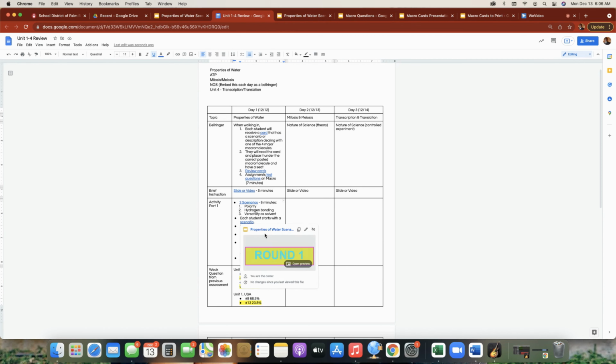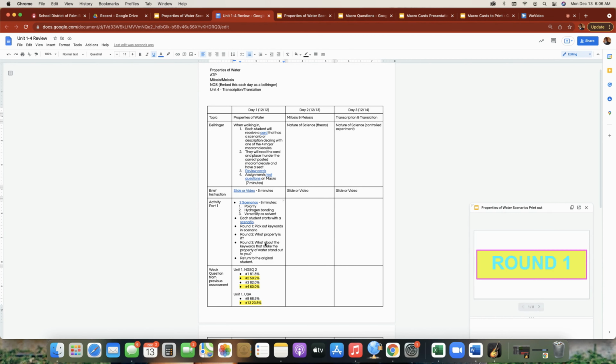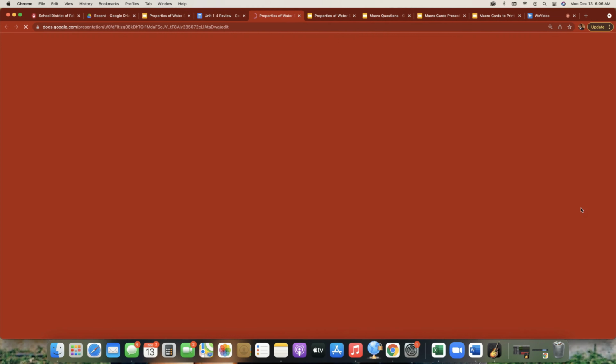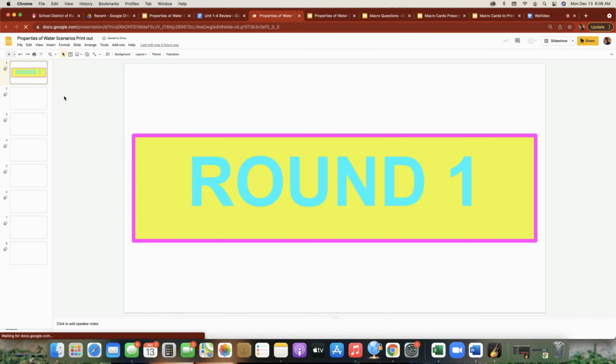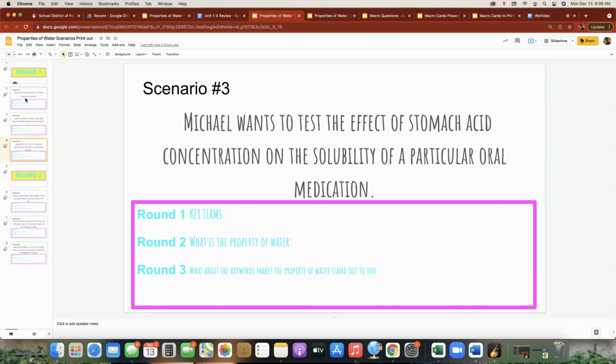You'll click that and boom, open it up, and that will give you the printout for the student scenarios. So each student gets one. All of them will look at their scenarios and pick key terms that give them an indication of what the property of water is. Like, which word here is important.